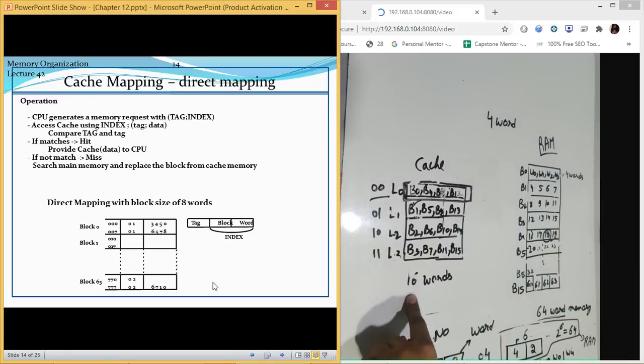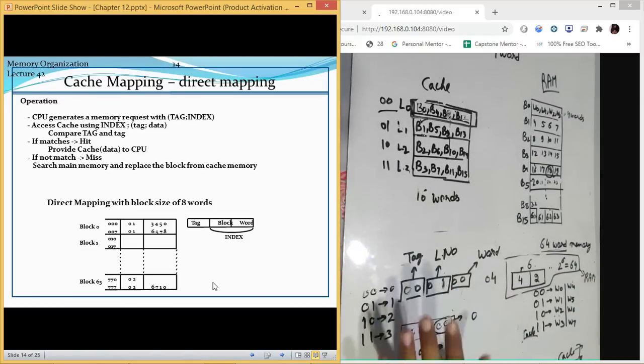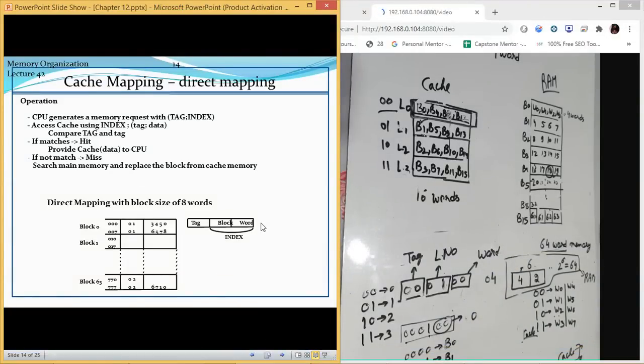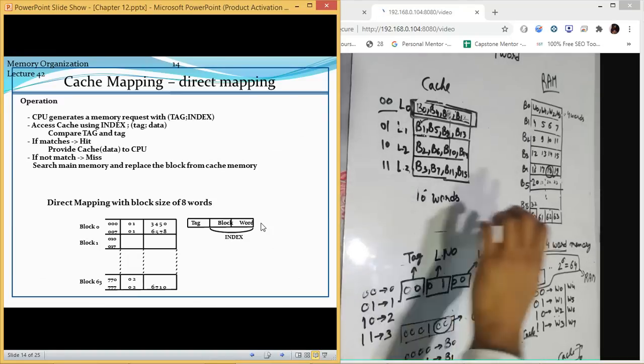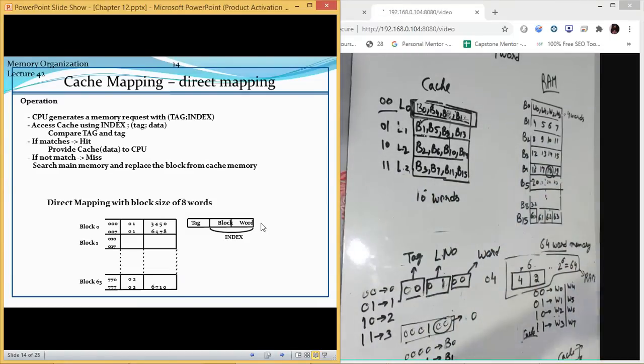But whether it is 16 words or 64 words, we are still using the same number of bits to find the data. That is the beauty of this mapping scheme. Mapping schemes give you the flexibility to use the same address to access a smaller cache as well as a larger RAM.